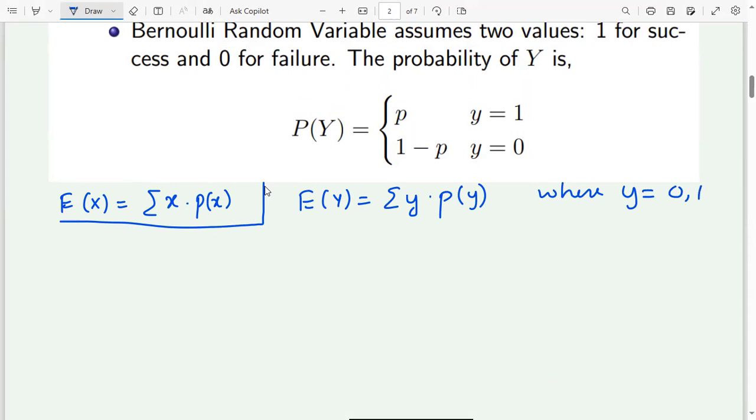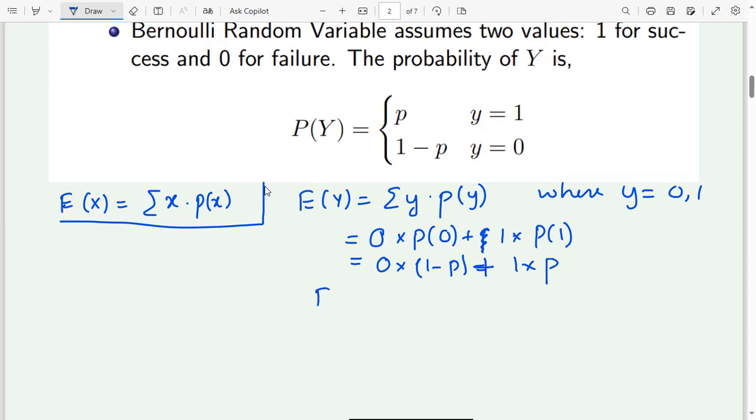What I'm going to do is write these values, basically breaking the summation: 0 multiplied by its probability and 1 multiplied by its probability. The probability of getting a 0 is 1 minus p, and the probability of having 1, sorry, is p. So the expected value of y is p.